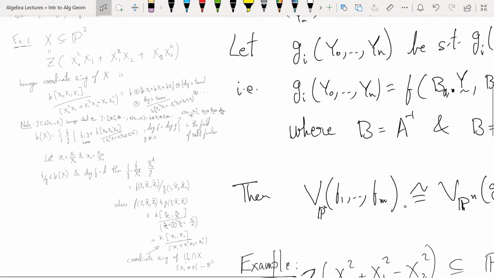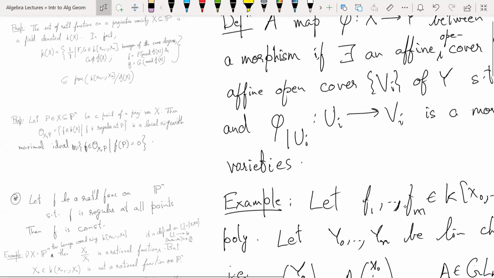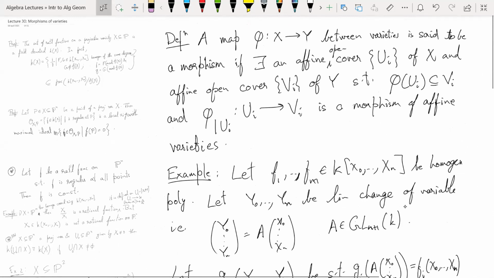Okay, so let me get to morphisms of varieties. For affine varieties, we said that a morphism of varieties is a morphism defined by polynomials.